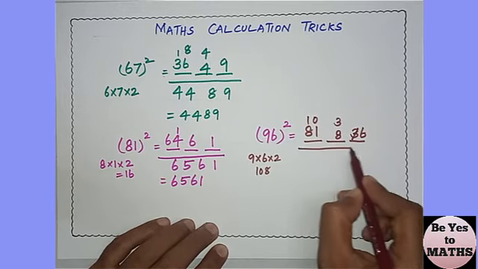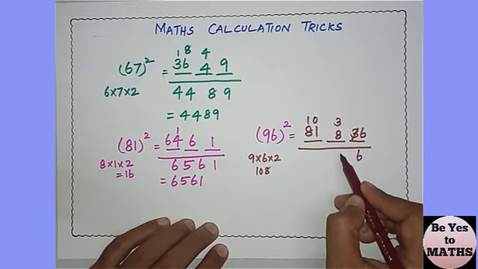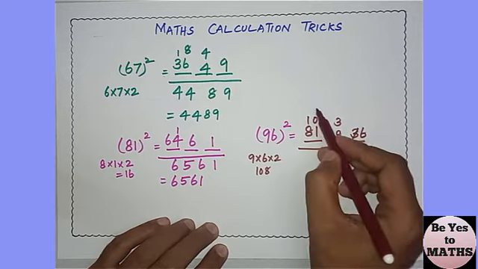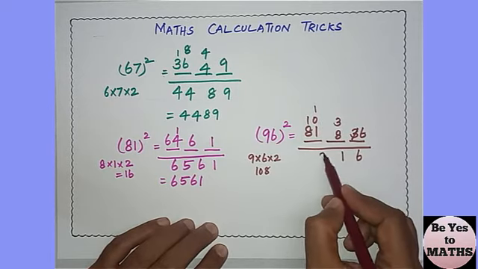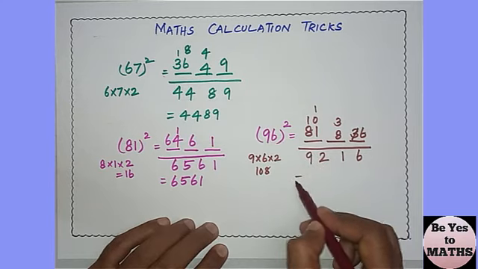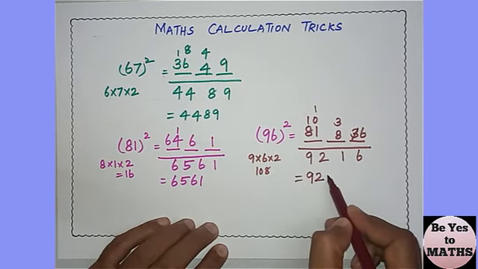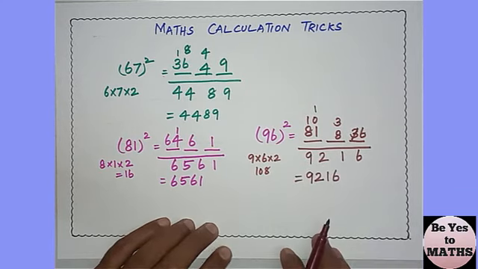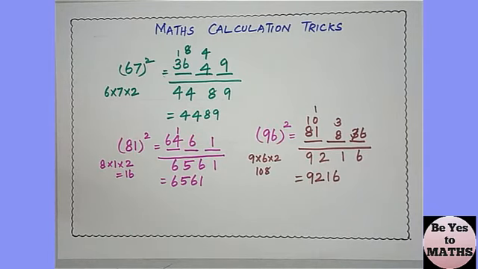Sum of this whole thing is the answer. So 6, 11. We'll write 1, 1 carry here. So 1 plus 1 is 2. 1 plus 8 is 9. So the answer is 9216. If you practice well, you can easily find out the square of any 2-digit number in less than 5 seconds.